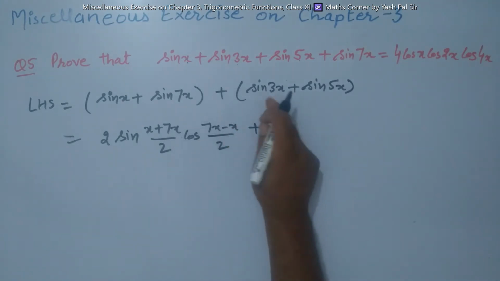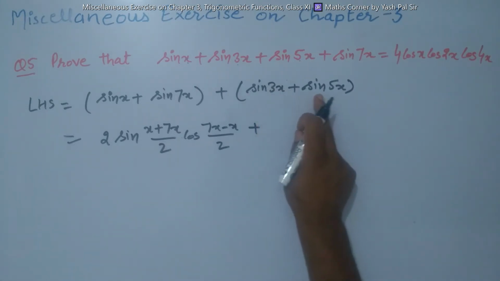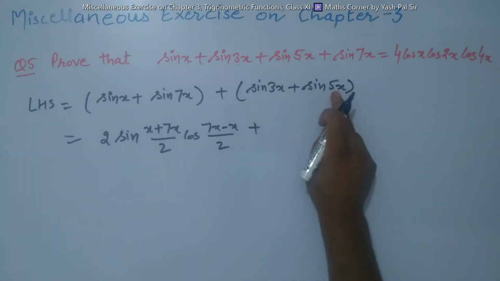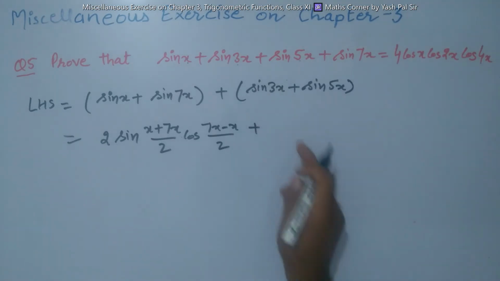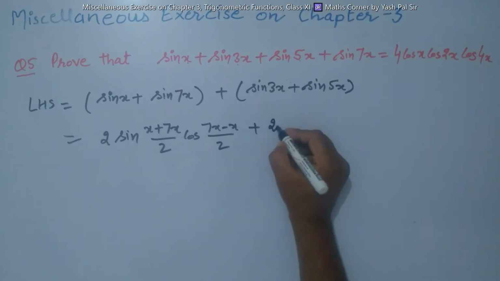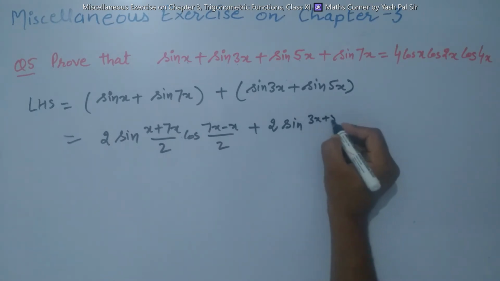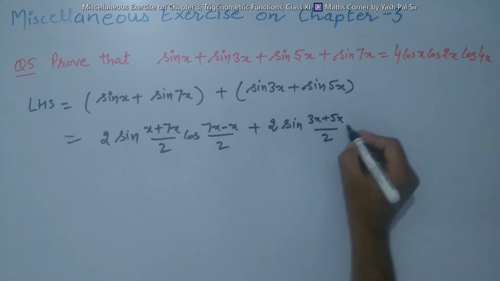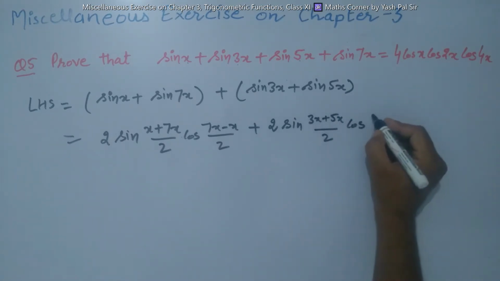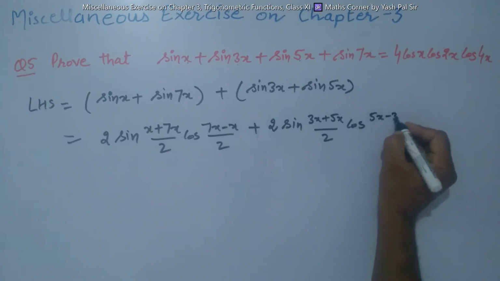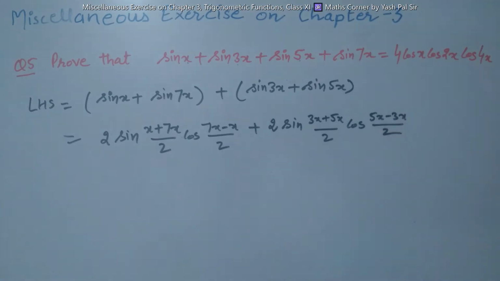And the next time, sin c plus sin d, where c is 5x and d is 3x, again becomes 2 sin of (3x plus 5x) upon 2 into cos of (5x minus 3x) upon 2.